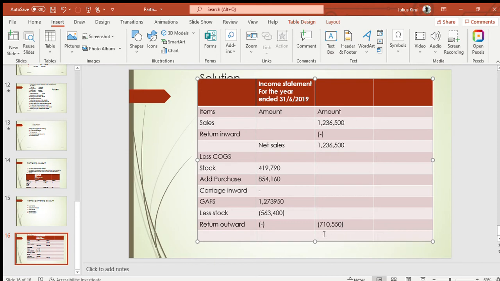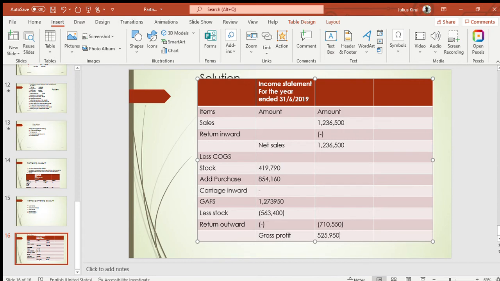That act as what? No, gross profit here. This is our gross profit. 525,950. So that's the value that we're getting as gross profit.